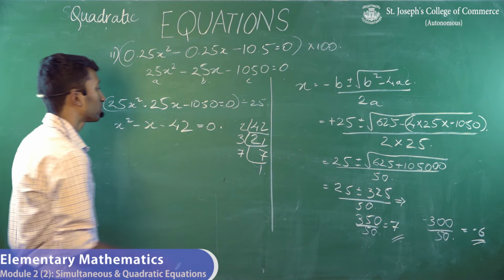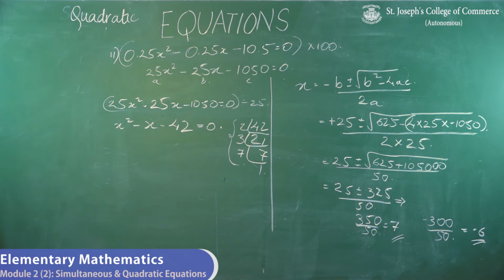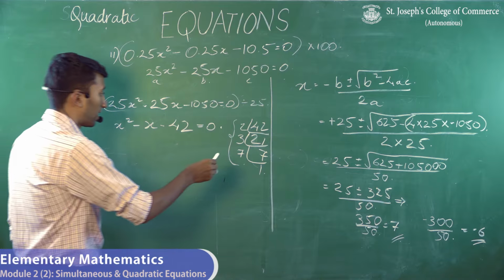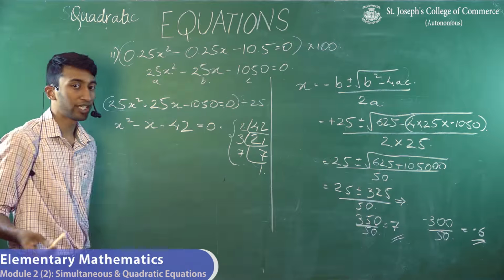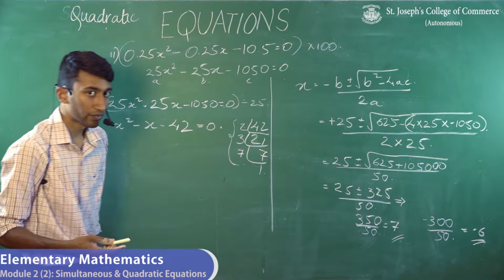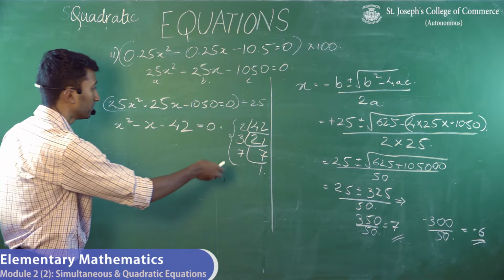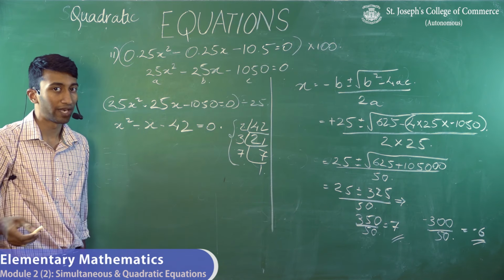So in this, if I form the combination, I would get 3 into 2, 6. So 6 and 7. The 6 and 7 will give me 42 as well, plus it will give me a minus 1.